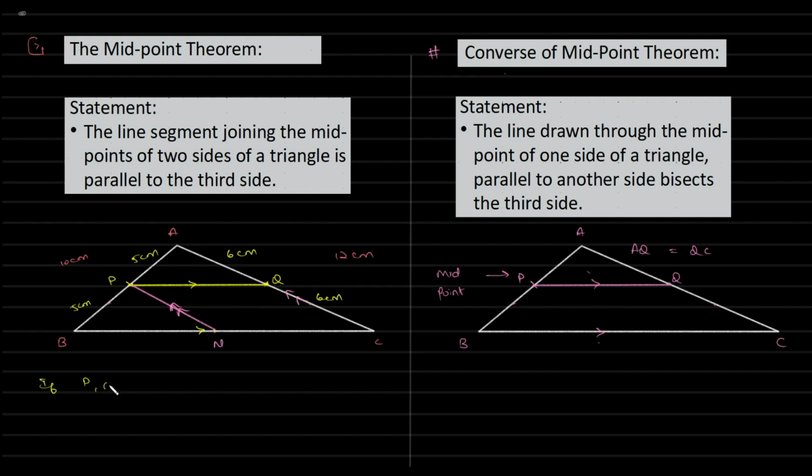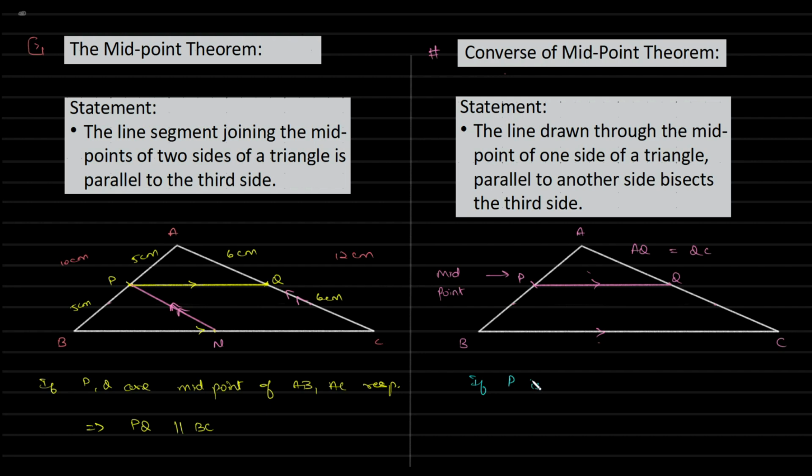So let me explain it. If P, Q are midpoints of AB, AC respectively, this implies PQ is parallel to BC. So that's the implication. Here, please understand the difference.